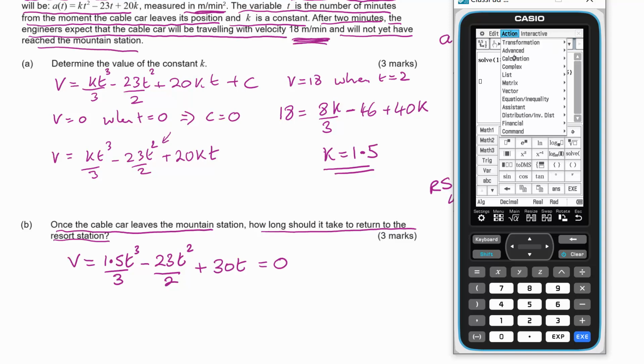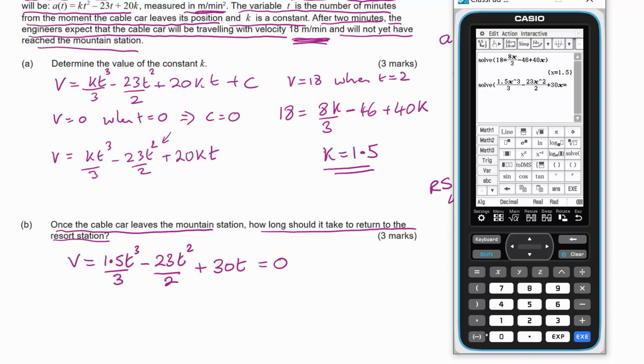So, going to do a solve, and we want 1.5x cubed over 3, take away 23x squared over 2, add 30x.